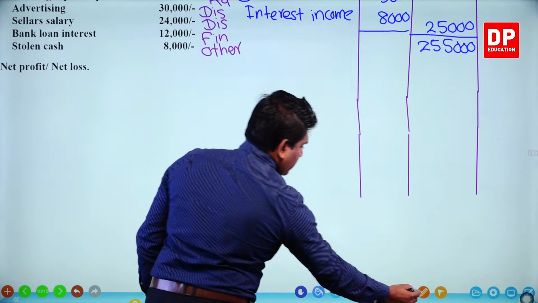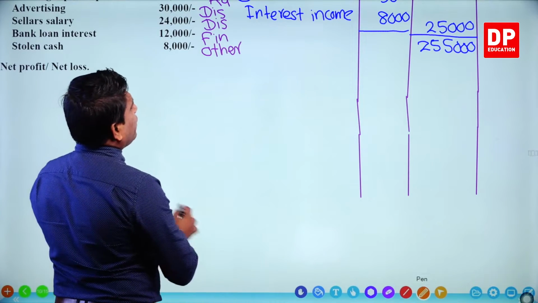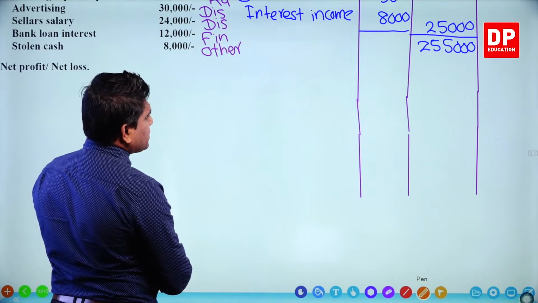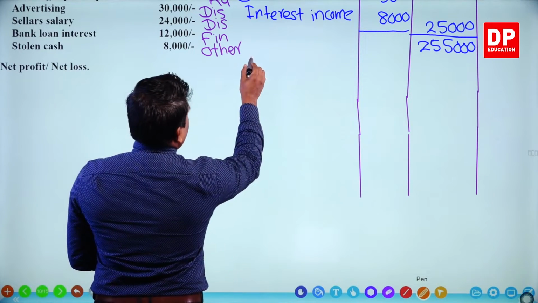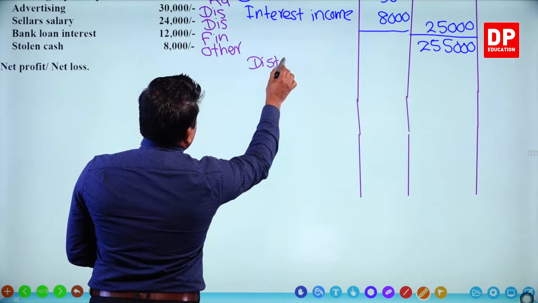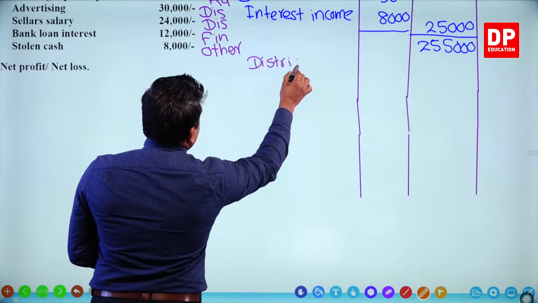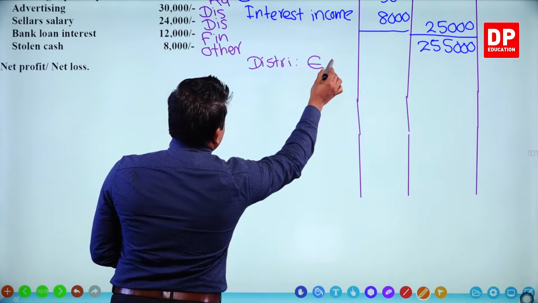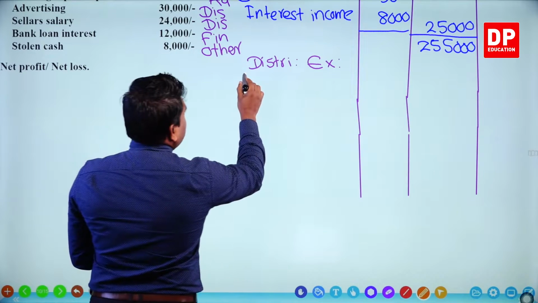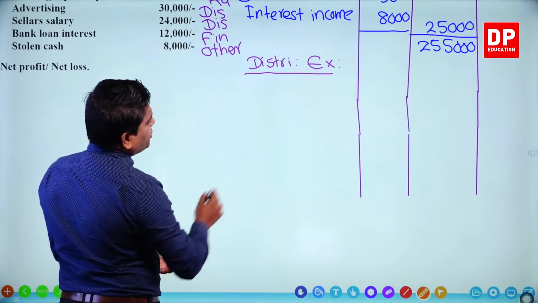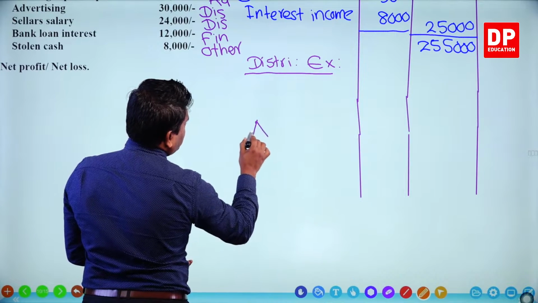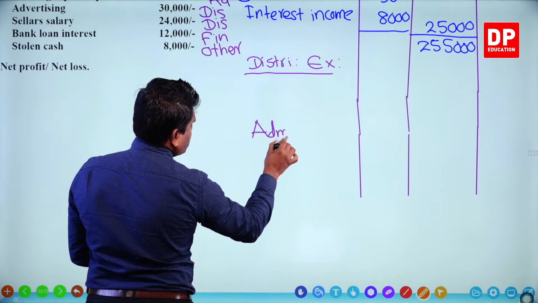Okay. Then you can classify all the expenses in 4 categories. First one should be distributing expense. I put distri expense. It means distributing expense, right? The other one should be what? Administration expense.